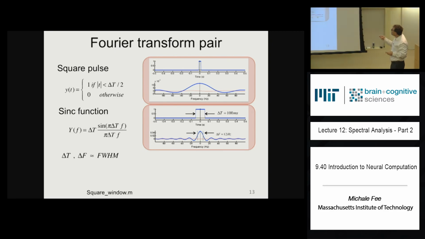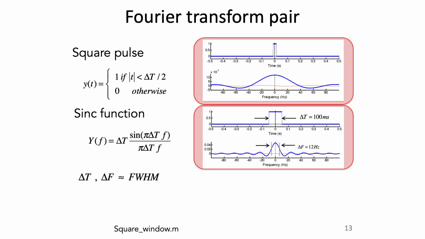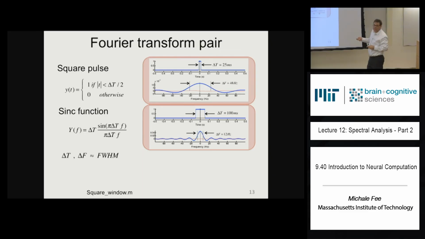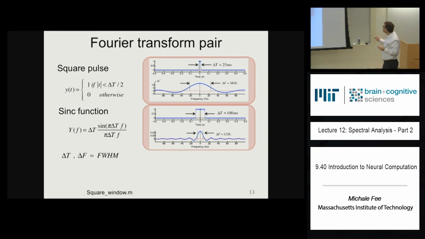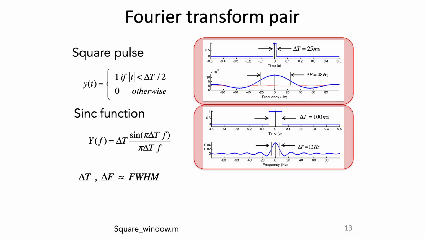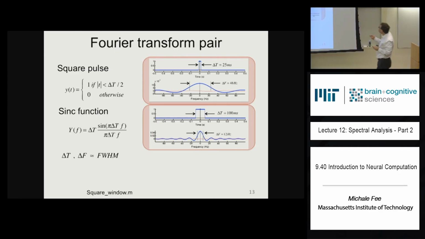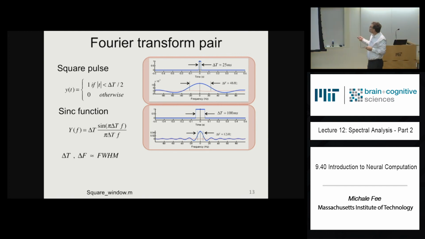So if we take that pulse and we make it narrower, 25 milliseconds, then you can see that it's the same sinc function, but it's just stretched out in the frequency domain. So you can see that here, if it's 100 milliseconds, the width is 12 hertz. The full width at half max of that peak is 12 hertz. If this is 4 times narrower, then this width will be 4 times wider.